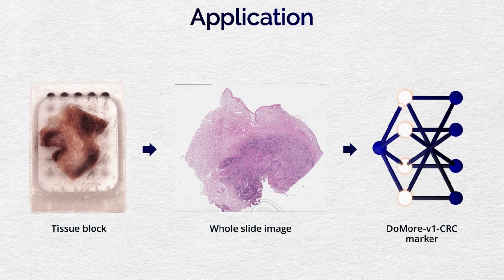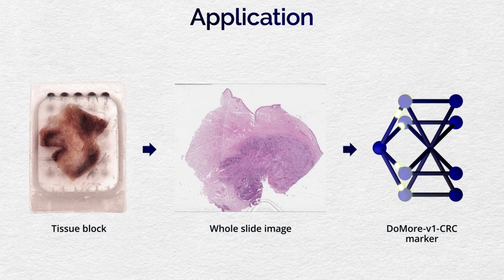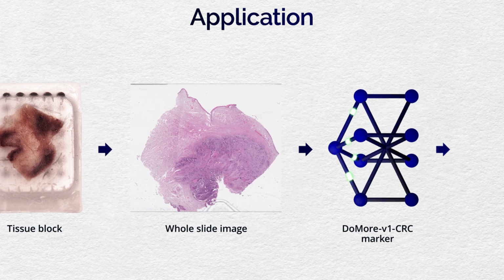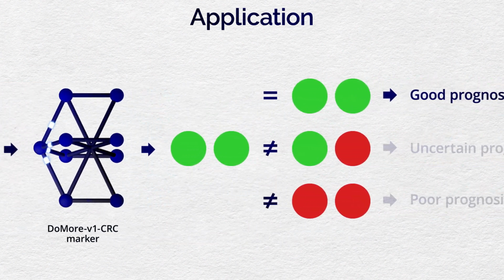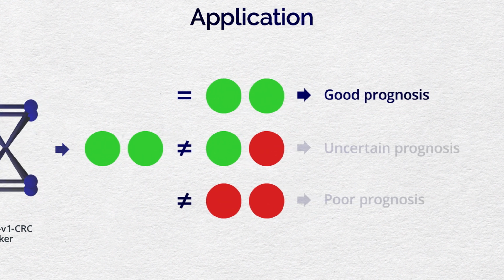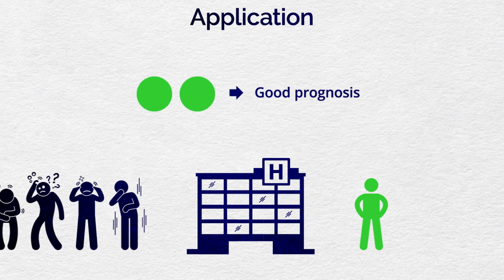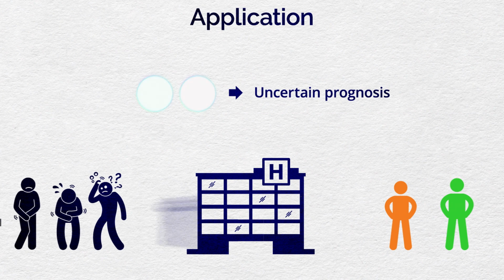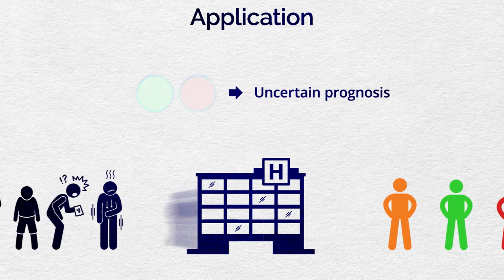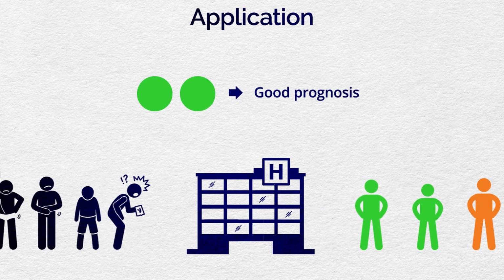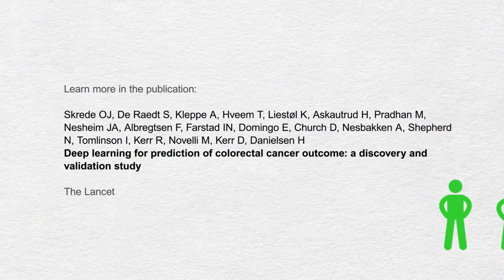As the Tumor V1 CRC marker analyzes slides that are prepared as a part of the routine histopathological examinations, it is technically simple to apply and may be offered as a service anywhere. It provides much additional information about the patient outcome, which could enable more appropriate selection of adjuvant treatment after colorectal cancer resection. For more information, please read our publication in the Lancet.